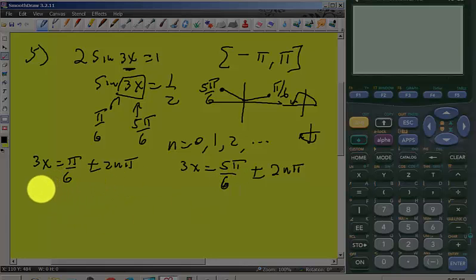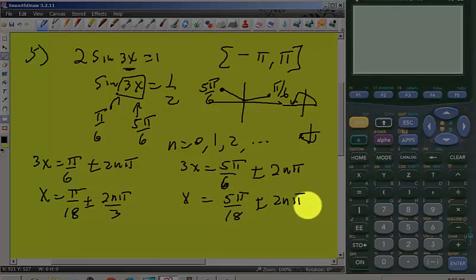Solve for x. X is equal to pi over 18 plus or minus 2n pi over 3. And solve for x. X is equal to 5 pi over 18 plus or minus 2n pi over 3.